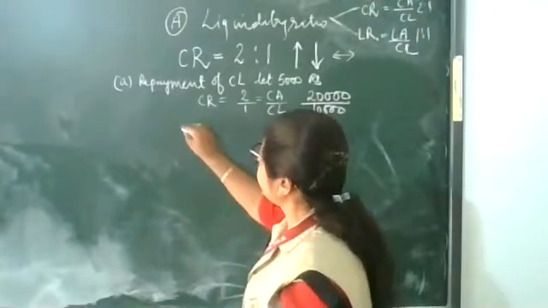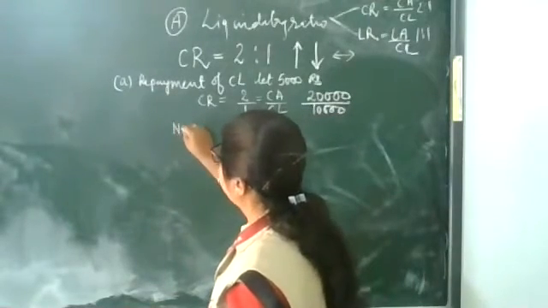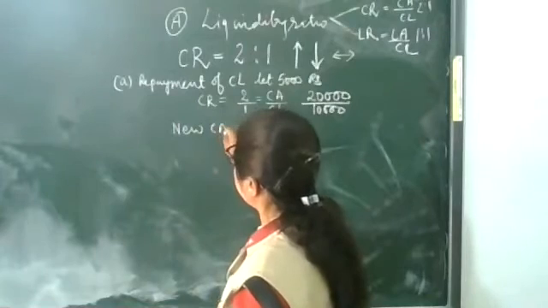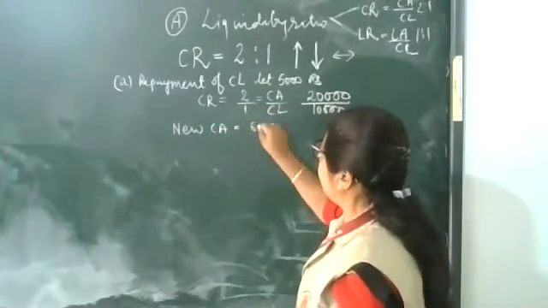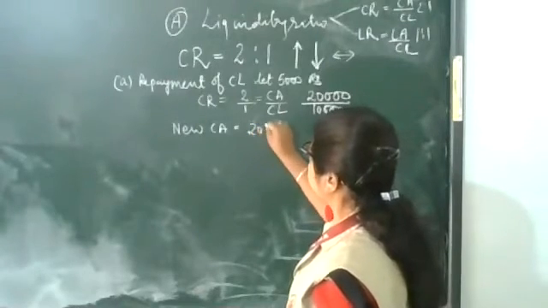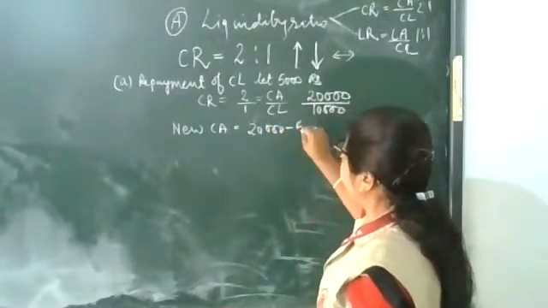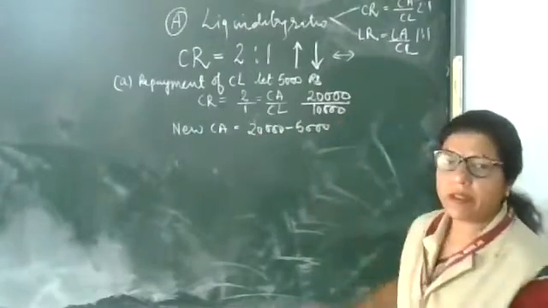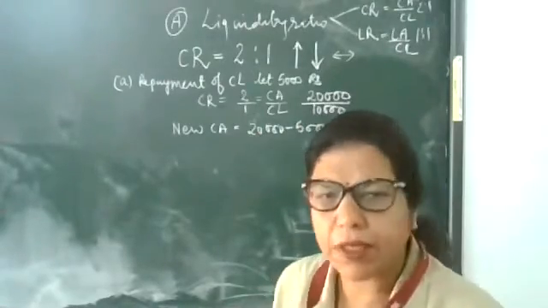So new CA, 5,000 will be minus, because you are paying cash.